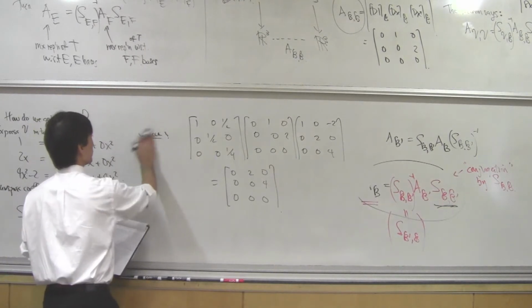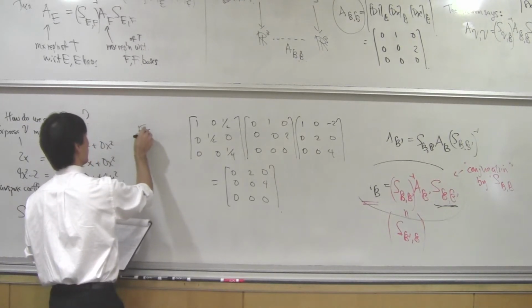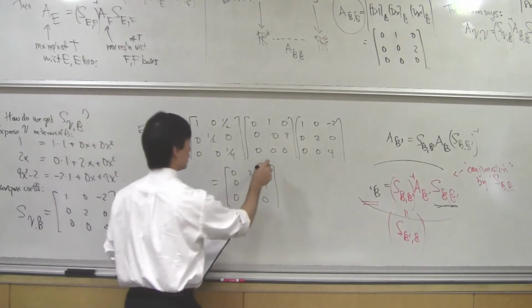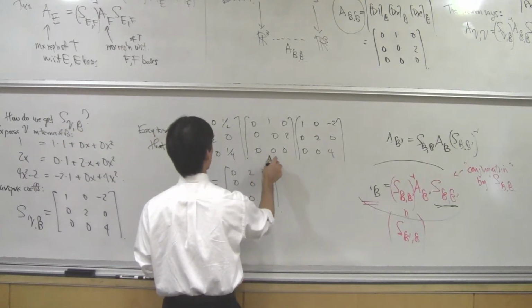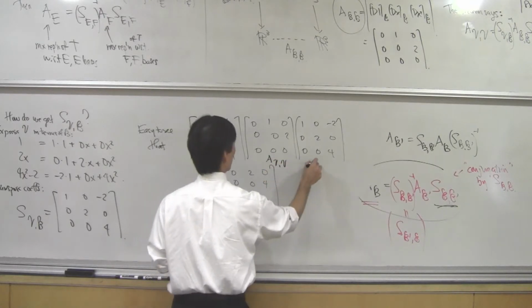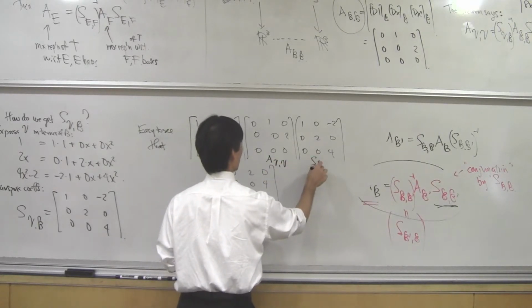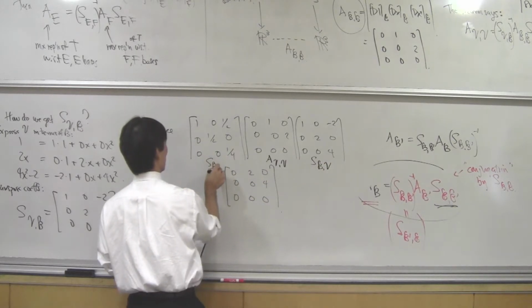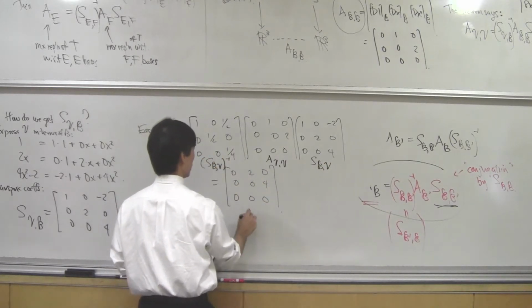So it's easy to see this, right? So easy to see that the matrix with respect to B is the same thing. If you multiply it by this and this, you get this.